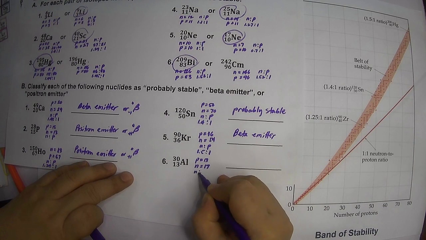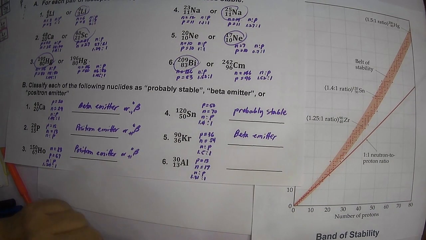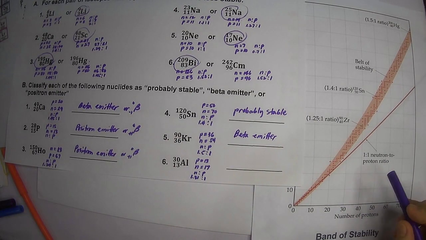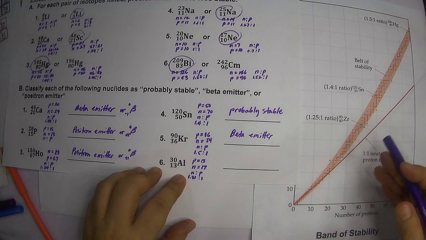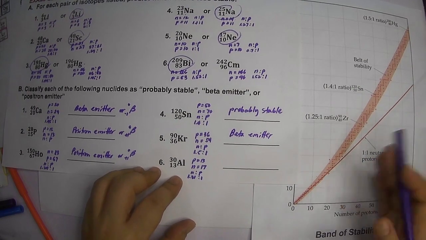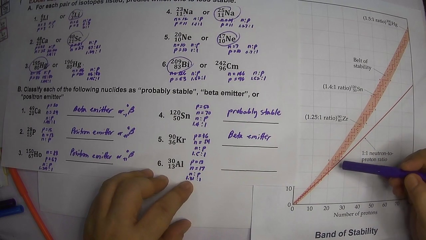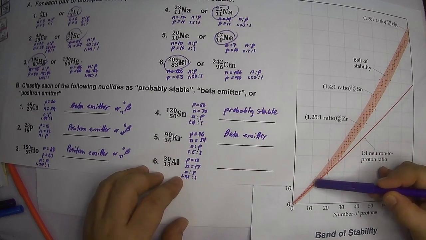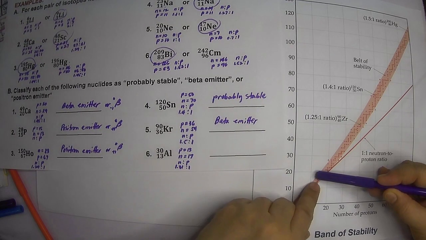So if you take the neutron to proton ratio, that is 17 to 13, that will give you 1.31 to 1. Okay, then, although it's within the limit of 1.5, it is at the lower atomic number. So let's see. You have proton 13 here and 17 there.